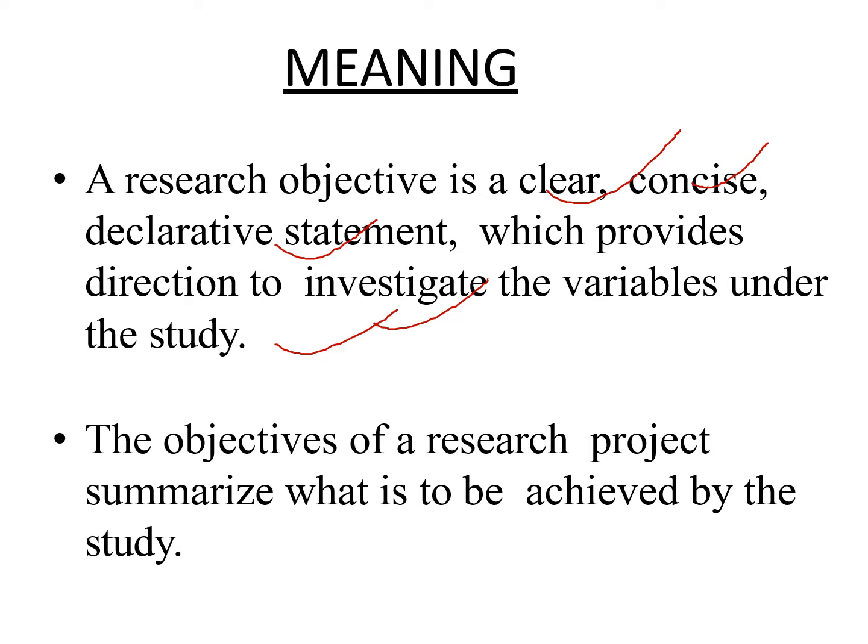Another definition you can write is that the objectives of the research are summarized statements that show what is to be achieved by the end of the study. So this is the meaning of the research objective.